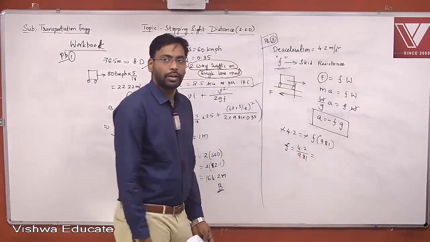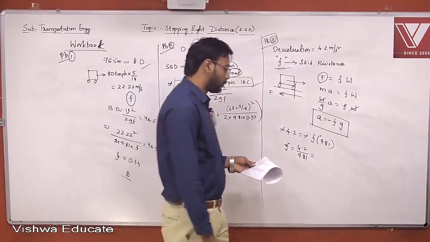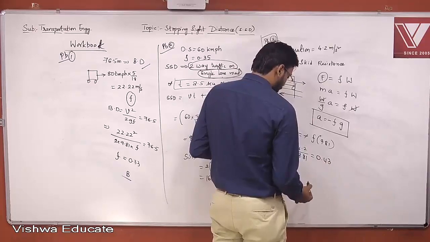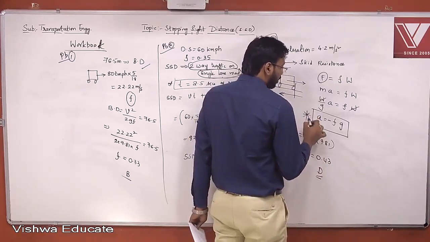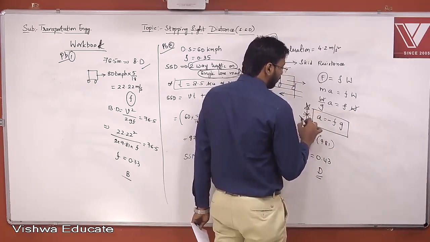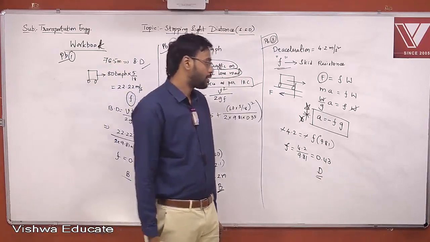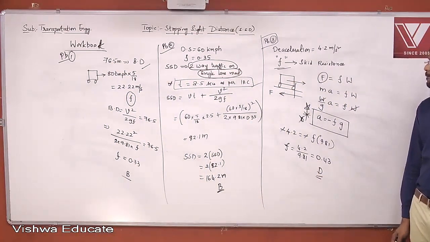So if you calculate this, it comes as 0.43, right? Which is given in option D. So that's a simple equation. You can remember it. a is equal to minus Fg, right? You can write it down.